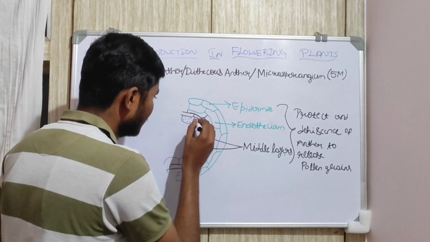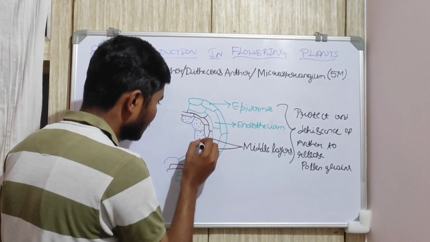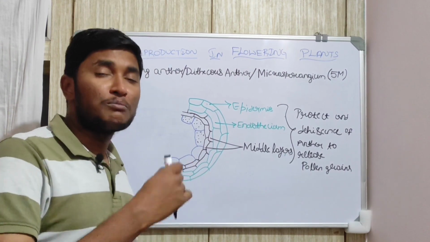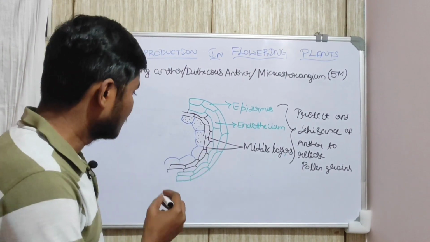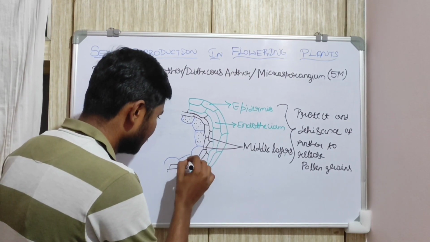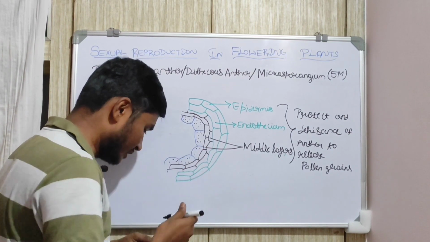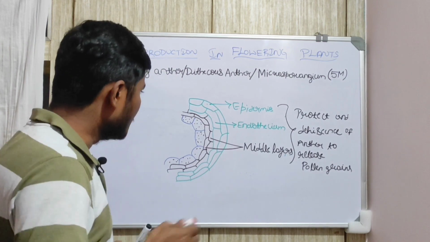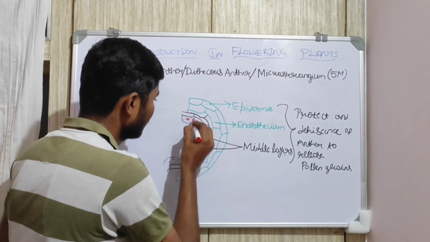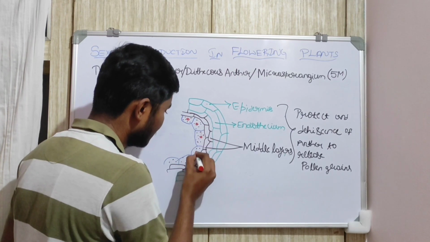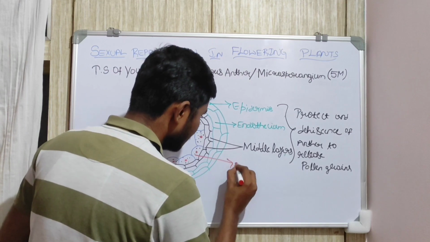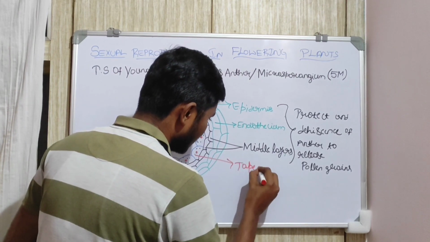It consists of dense cytoplasm because it has to supply the nutrients when the pollen grains are developing. It is also made up of more than one nucleus. So this layer is tapetum.